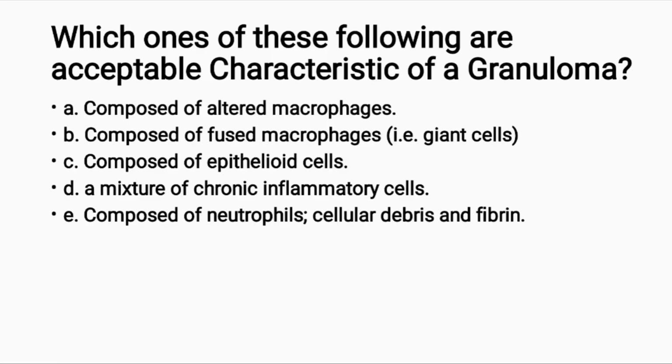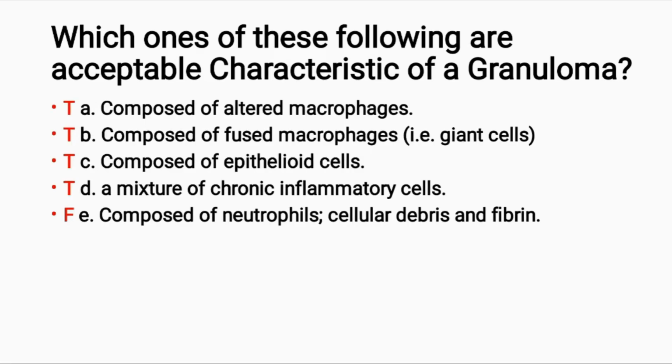D. A mixture of chronic inflammatory cells. E. Composed of neutrophils, cellular debris, and fibrin. Well, those are the answers except E, which is not an acceptable characteristic of a granuloma.